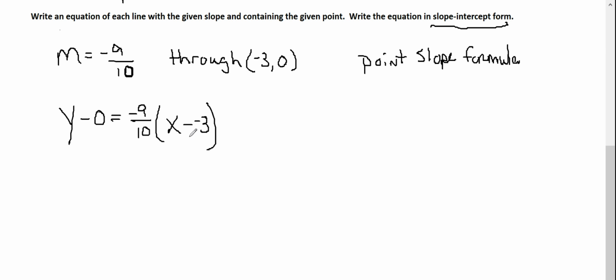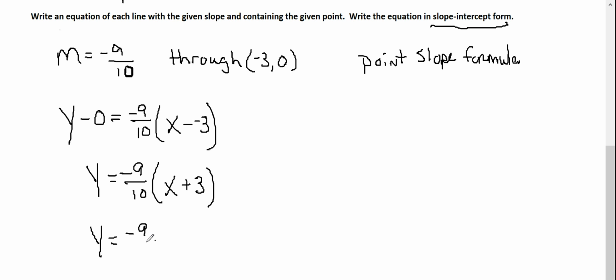All right, let's clean this up a little bit. This is going to be y equals negative 9 over 10 times x plus 3. And now I'm going to do the distributive property, which will give me y equals negative 9 over 10x.